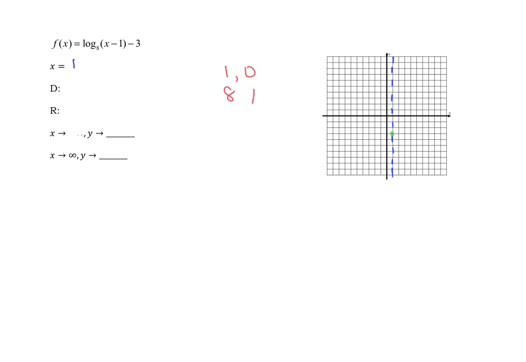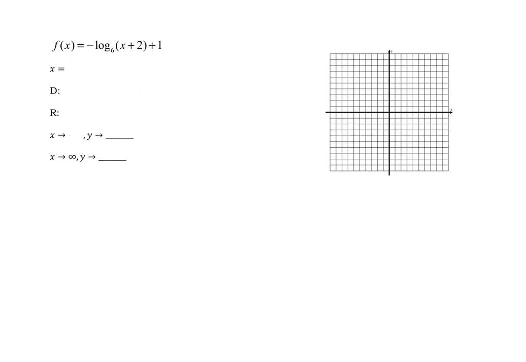So from that green dot, go over 8 and up 1, come up the asymptote and turn. So my domain is asymptote, the asymptote's at 1 this time, at 1 to infinity. My range is always negative infinity to infinity. As I go to the left, I'm going to the asymptote at 1. The arrow is going down at that point. When I go to the right and I go to positive infinity, it's also going to positive infinity.